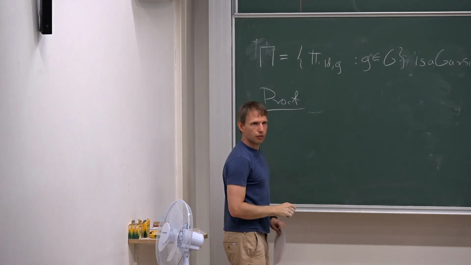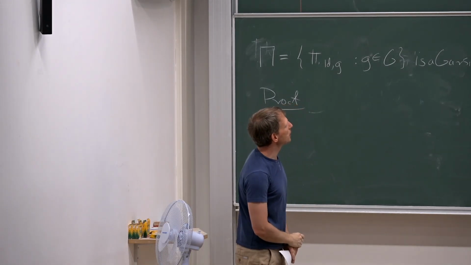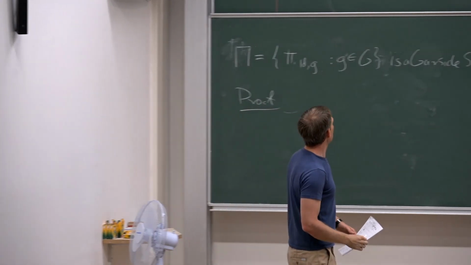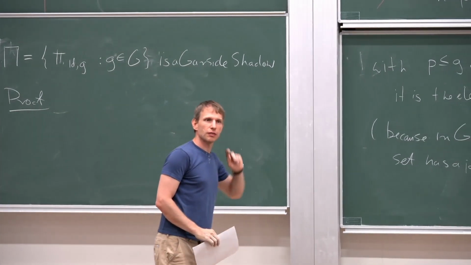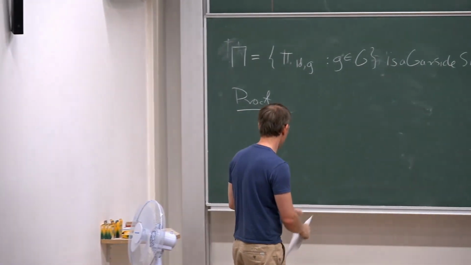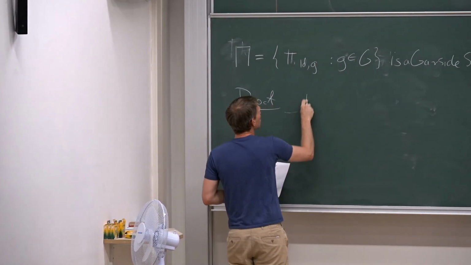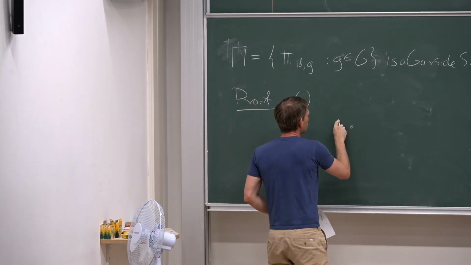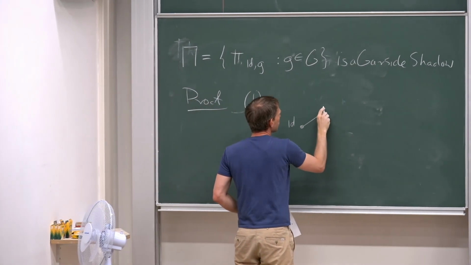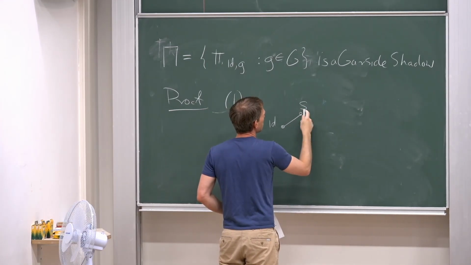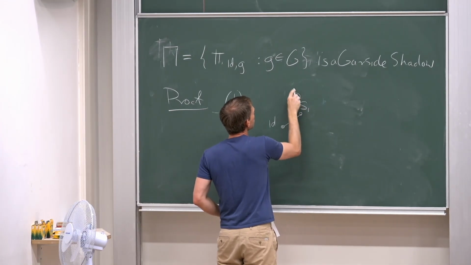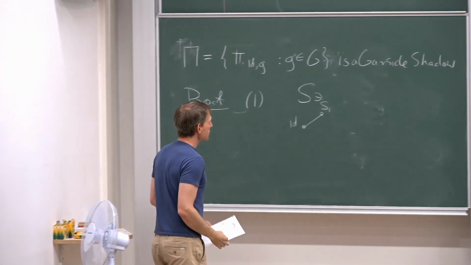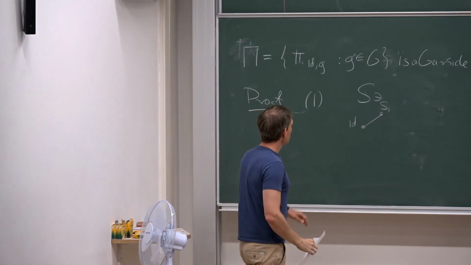Let me at least give proof of some easier parts of this theorem. So let's first look at, for a warm-up, part 1. In part 1, I'm supposed to prove that if in my Cayley graph I take identity and then I take some element in the generating set, say S1, I'm supposed to prove that this S1 belongs to the Garside shadow.